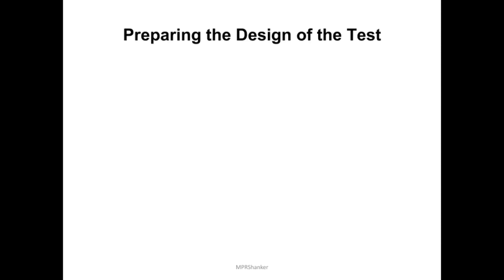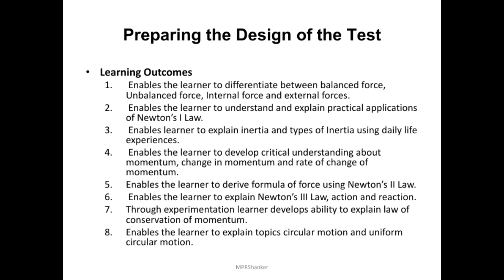Next, here the design of the test is to be prepared, and regarding the design of the test, the first thing that we have to consider is the learning outcomes. In the chapter force and laws of motion, we can see that there are 8 learning outcomes regarding the unit, including 6 subtopics.